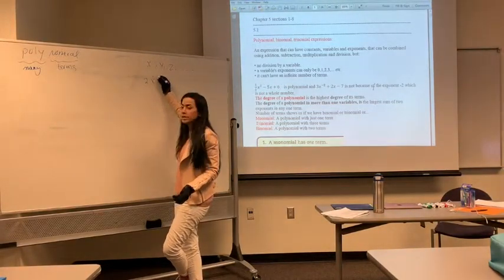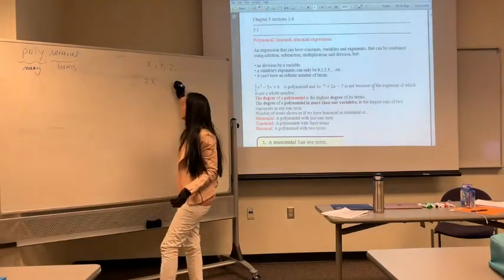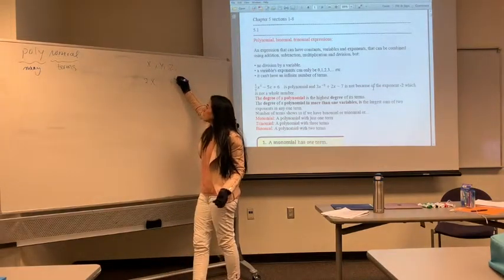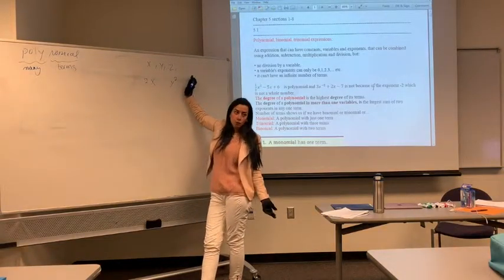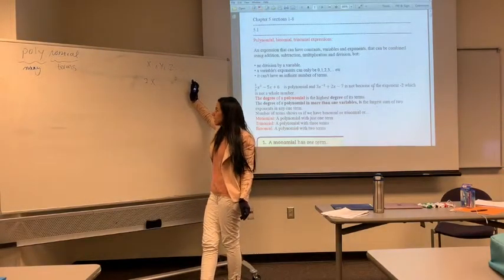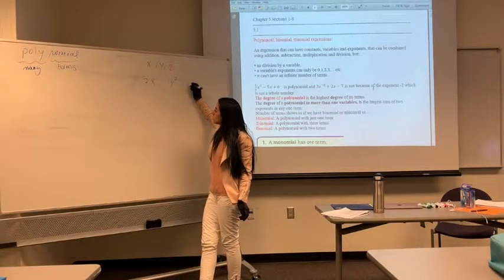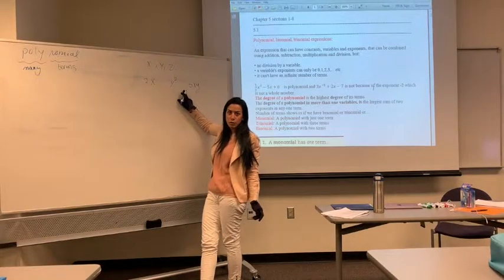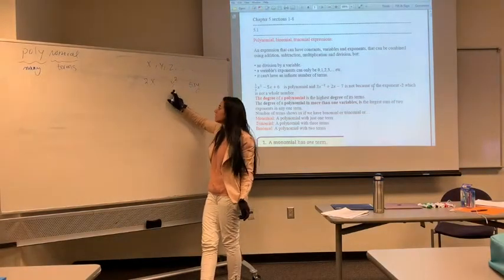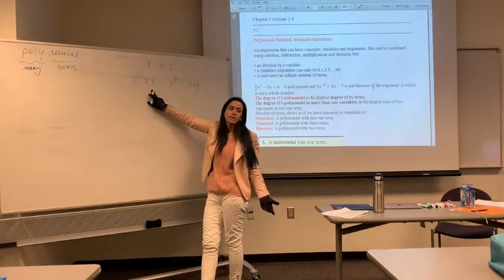And sometimes this variable can have exponent, correct? Like y squared. And then let's say sometimes we have like this multiplication of two variables and the coefficient. So each of these you see here is a term.